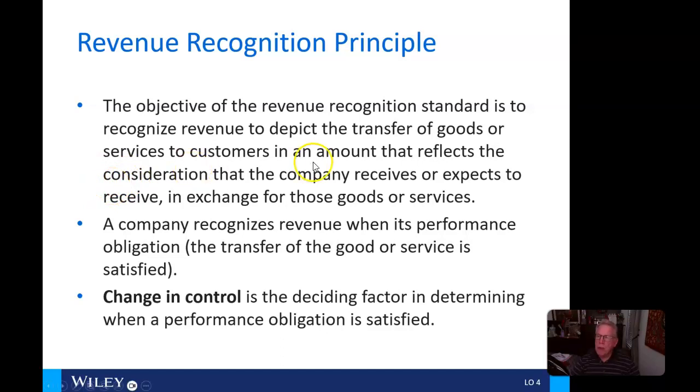So you will see that it's not necessarily, as I'm sure you know, when we receive the cash. The company recognizes revenue when its performance obligation is satisfied, that's when the customer takes transfer of title to that good or service. And that change of control is the deciding factor in determining when that performance obligation is satisfied.